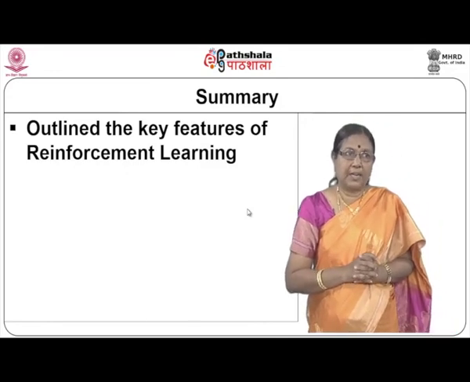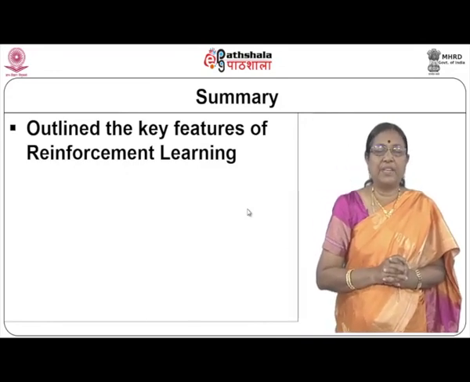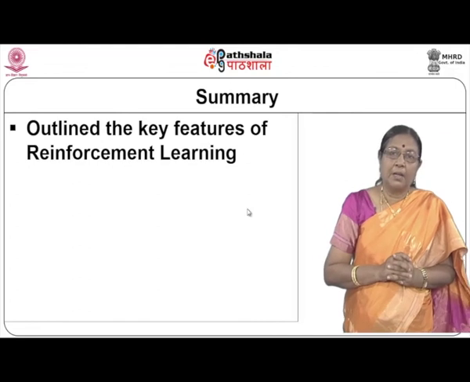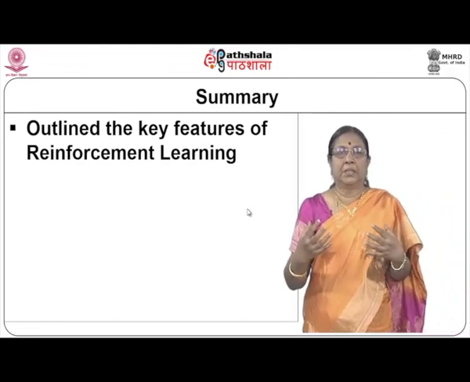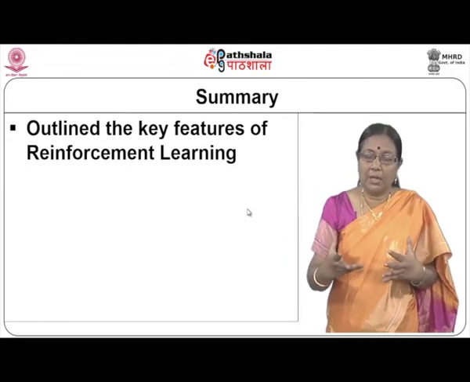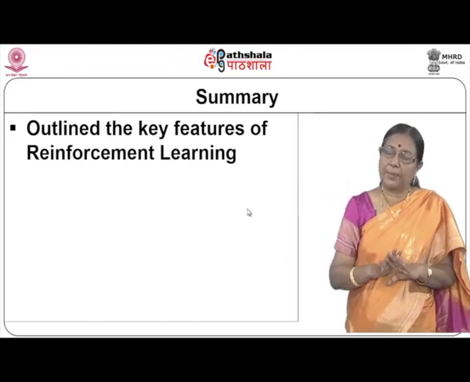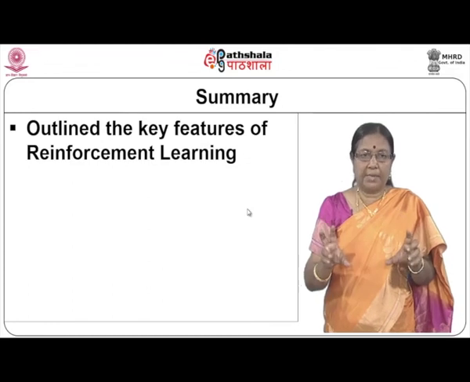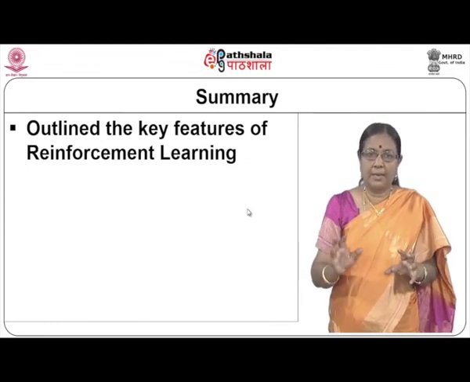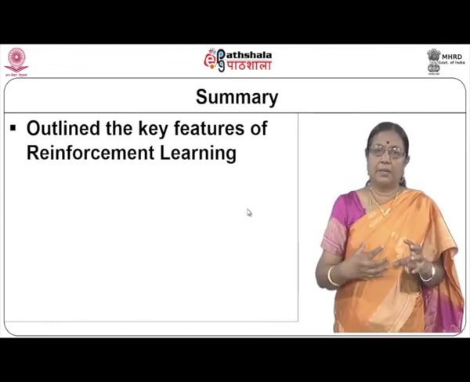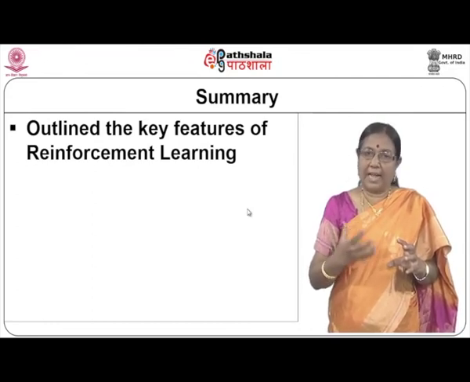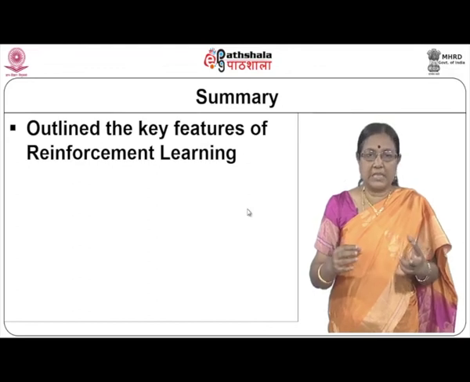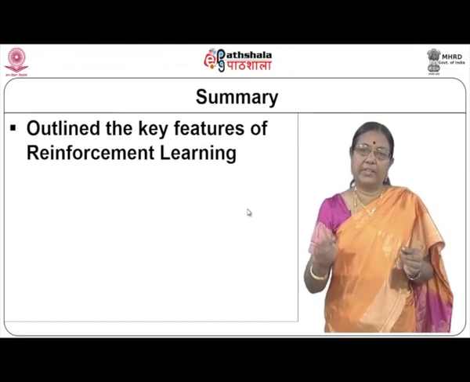In this particular module we outlined the key features of reinforcement learning. First of all, this is a completely different approach and paradigm to learning, because we are not giving any explicit outputs. We have an environment, the environment gives us a state, and the agent, depending on some policy, takes an action, and associated with each state and each action you have a reward.